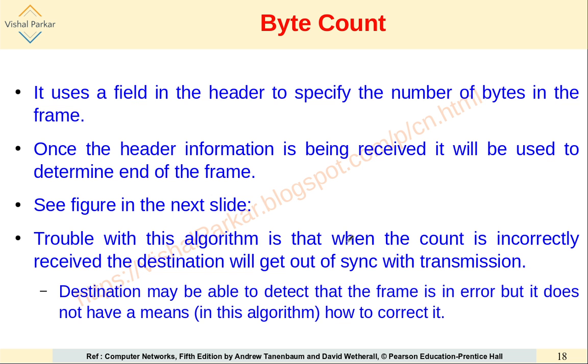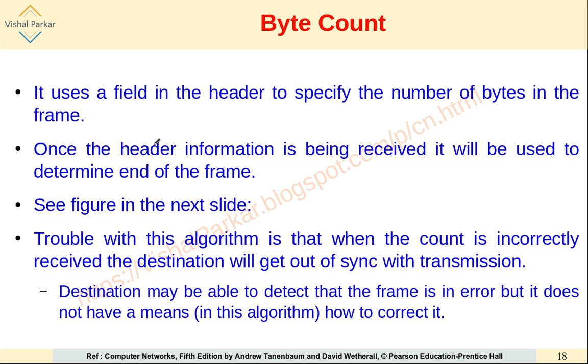We'll see them individually. The first is byte count, which is very simple. Here the sender simply calculates the number of bytes in the frame payload or the overall frame and puts them into the header part. Let me repeat. The sender will calculate how many bytes there are in the overall frame, and those bytes will be put into the header.